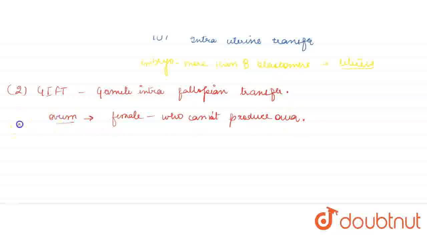So the ovum is taken from a donor female and transferred to the one who cannot produce ova but can provide conditions for embryonic development, gestation and all. So this is one technique.